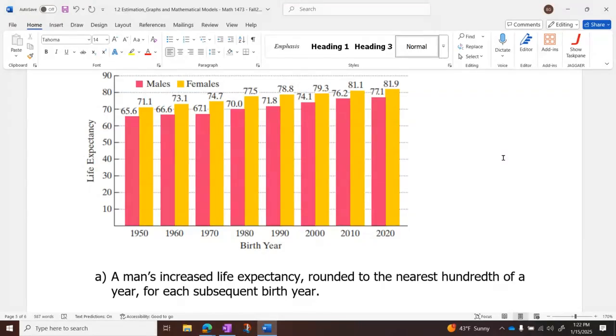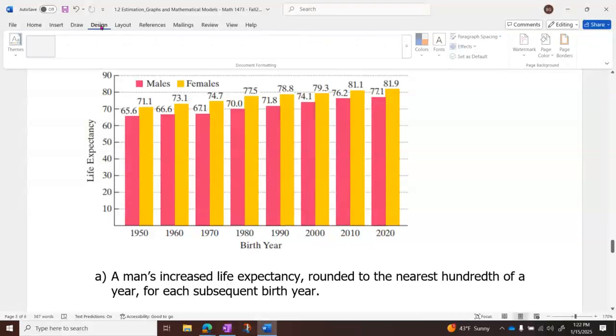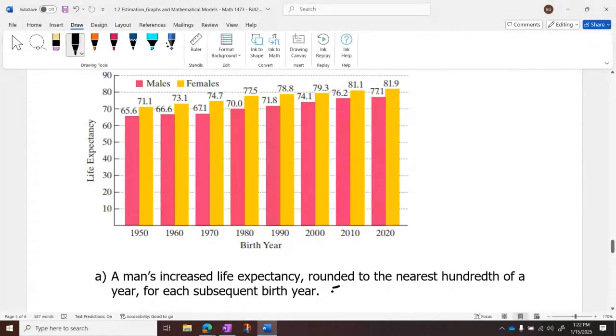Do you agree, guys? So part A, we are looking for the annual or yearly increase in life expectancy of males.